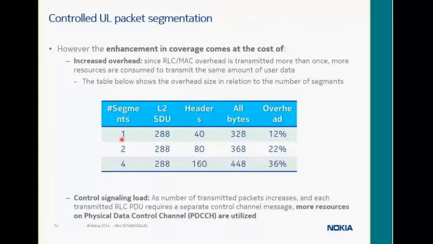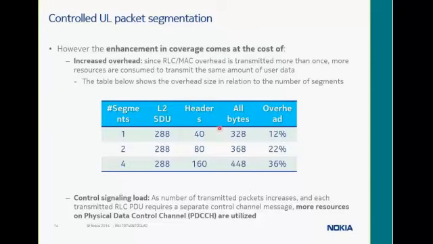Okay, in this context, it could be interesting to see the actual numbers. How much overhead do we add for the sake of coverage? The overhead, if we only have one segment and transmit it as one: we take that segment and add 40 bits of header.